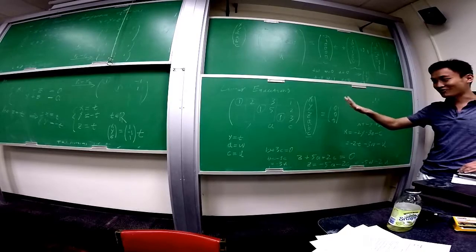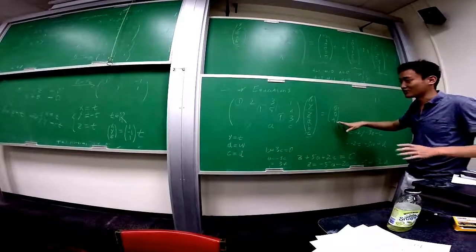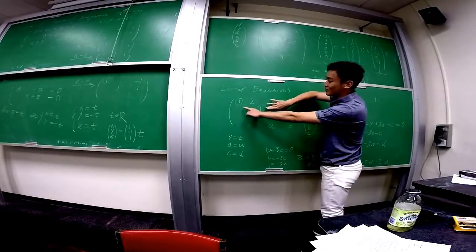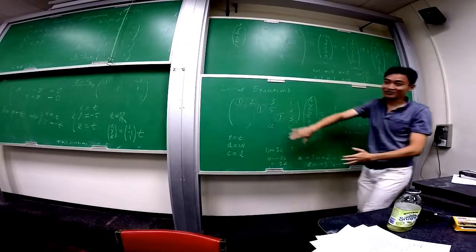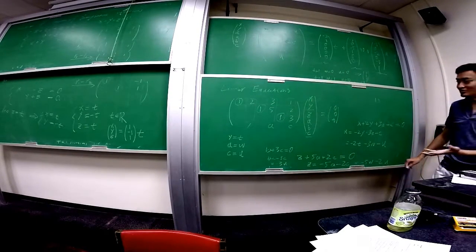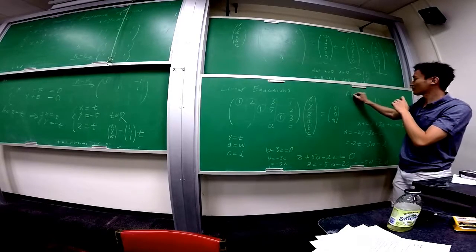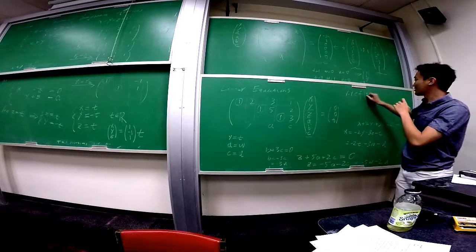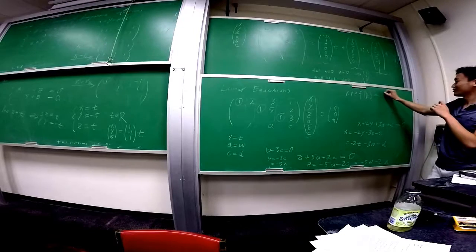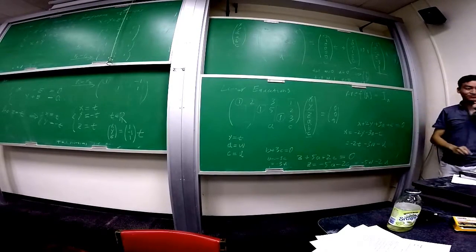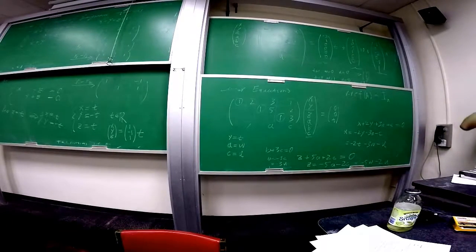Not having free variables simply means that the leading ones occupy all the columns. So the reduced row echelon form of A is equal to the identity matrix, right? So if the reduced row echelon form of A equals the identity matrix, then A is invertible. Why is that?